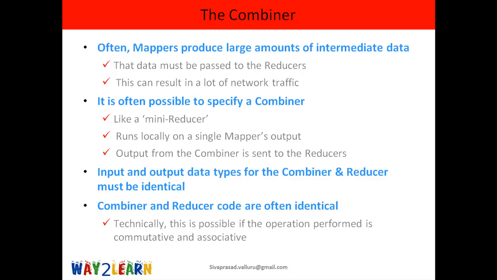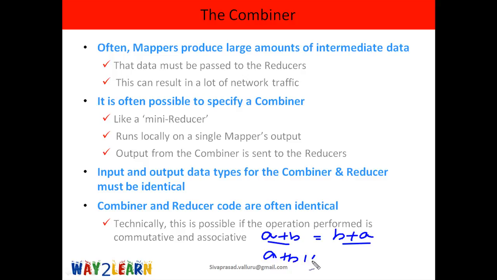Okay, next. Hope you're all mathematics students and understand commutative and associative. Commutative means what? A plus B is equal to B plus A. If that is the case, it is commutative. If the reverse of the operation gives the same result, then it is commutative. Associative means what?